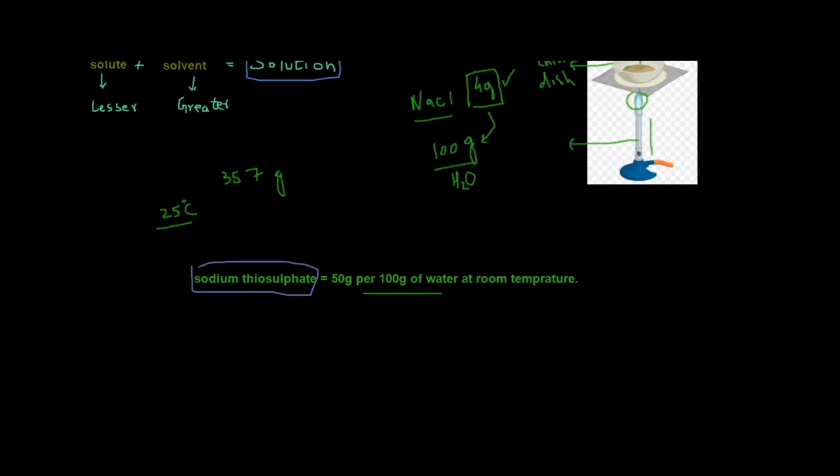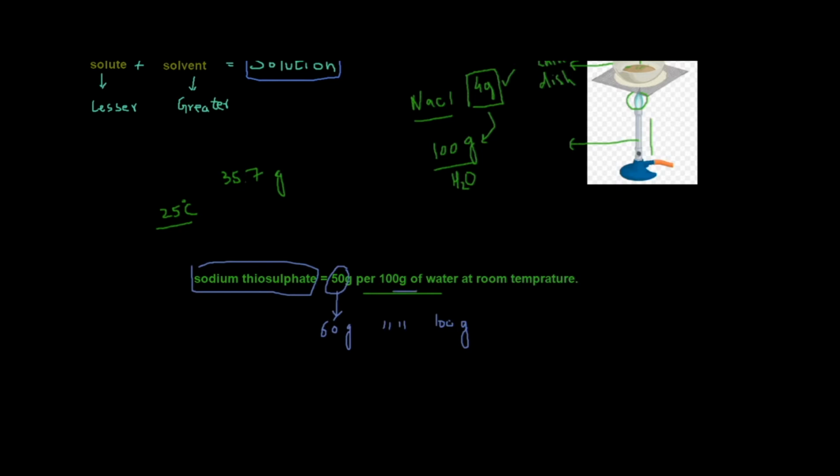But if you add 60 gram instead of 50 gram of sodium thiosulfate in 100 gram of water, it means you have increased the quantity of sodium thiosulfate.